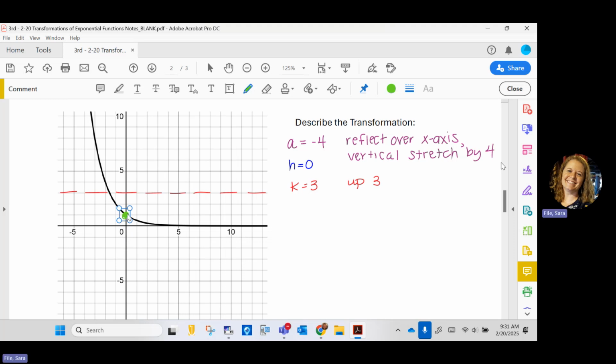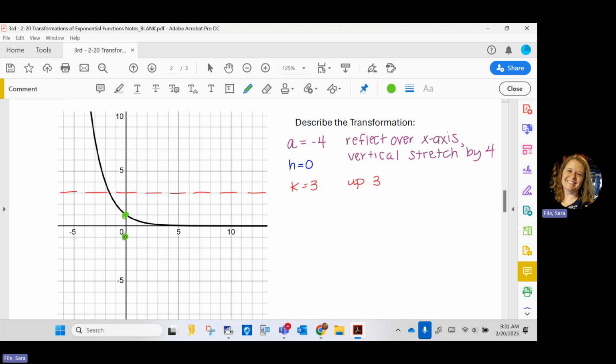So if I were to flip this graph over, that point would be here at -1. Now, I need to stretch it. I need to multiply it by 4. So what's -1 times 4? -4. So it's going to come down to -4. Now I need to shift it up 3. So I just go up 3 from there. Now that actually puts me back at that -1. So that's where that point is going to end up.